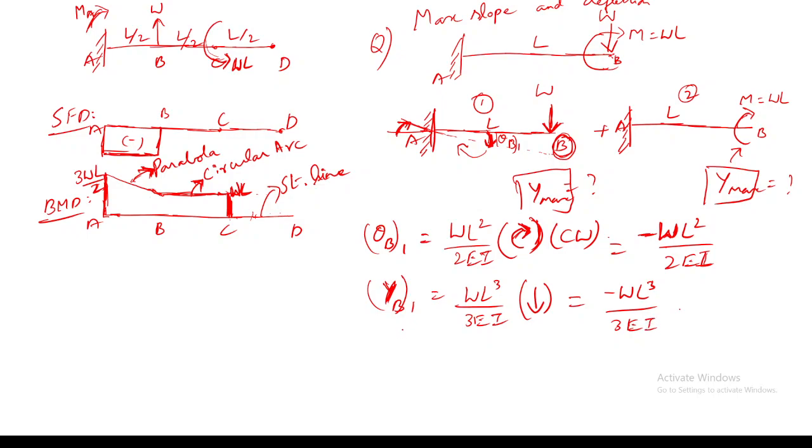Then what will be the value of theta b in the second case? ML upon EI, since it is a case of pure bending.